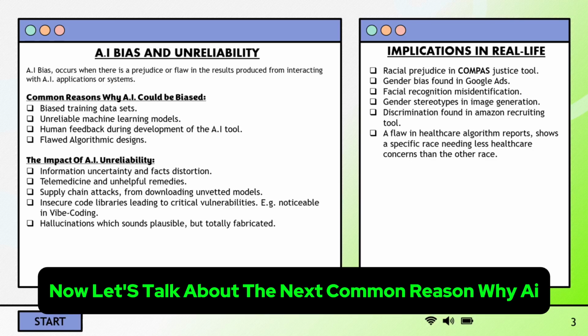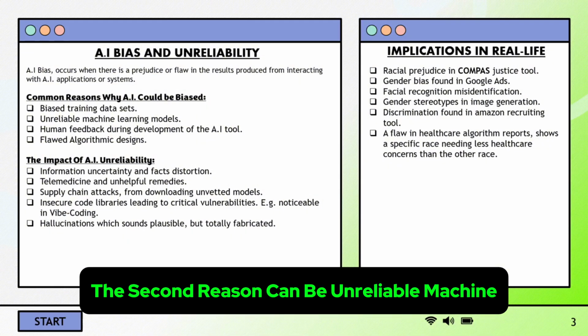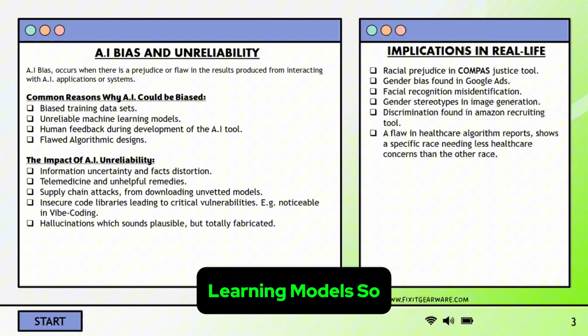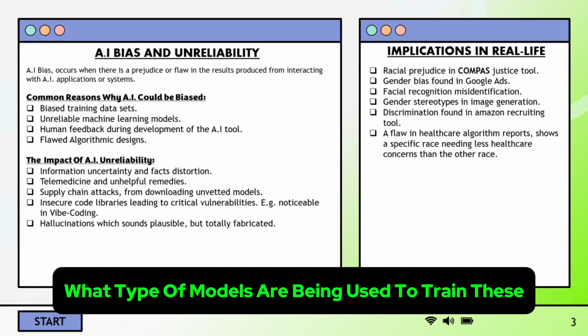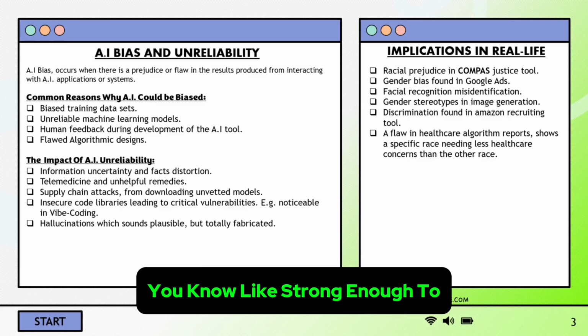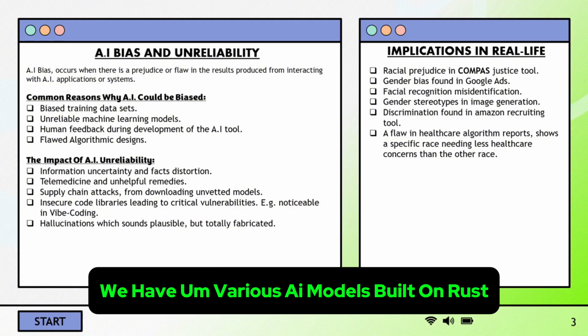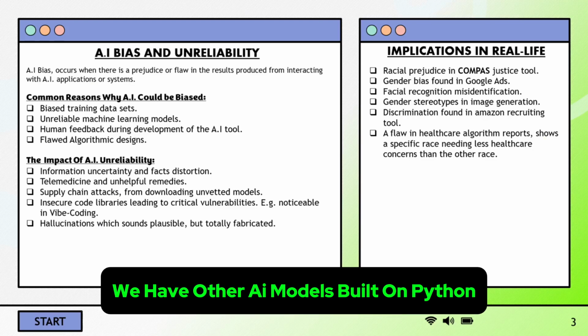Now let's talk about the next common reason why AI could be biased. The second reason can be unreliable machine learning models. What type of models are being used to train these various data sets? Are they reliable? Are they strong enough to extract this data and give accurate results? For example, we have various AI models built on Rust. We have other AI models built on Python.